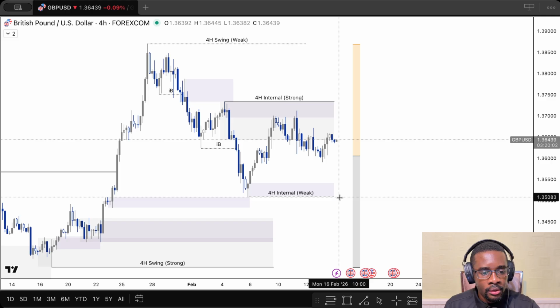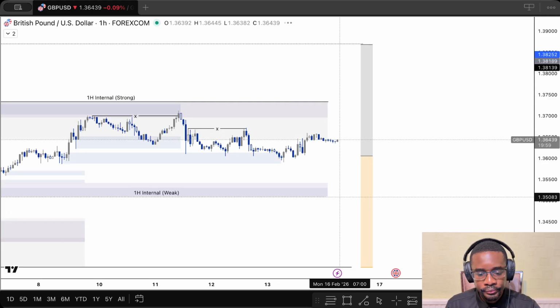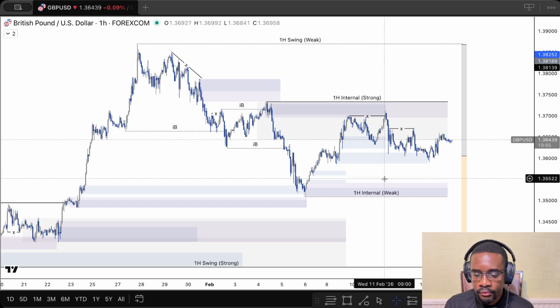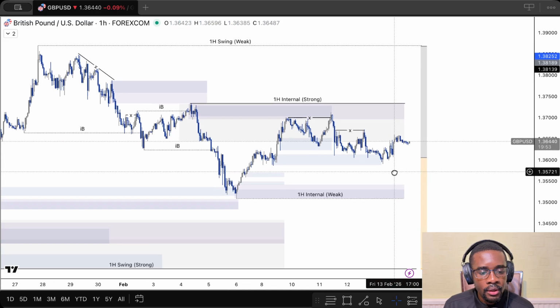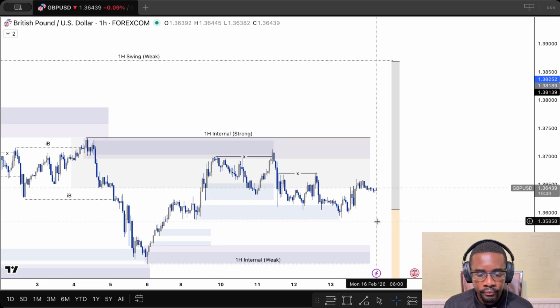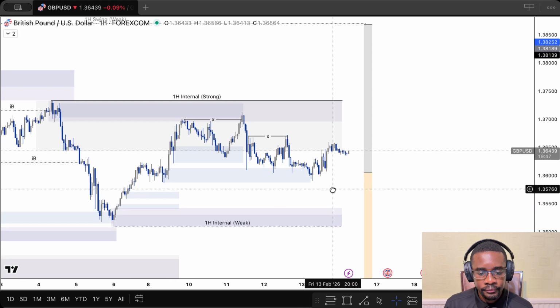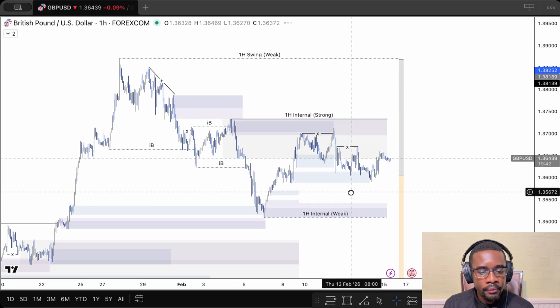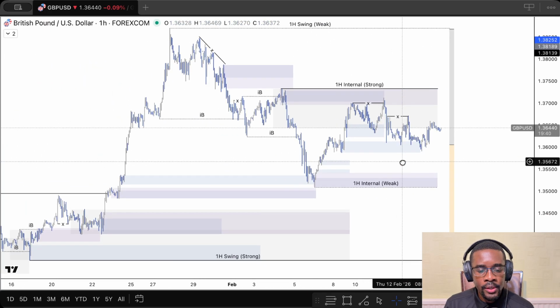So looking at the 1 hour, our swing is bullish.